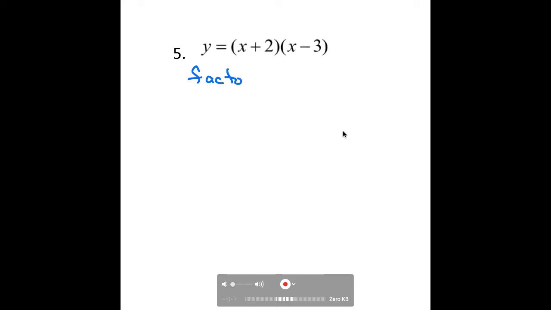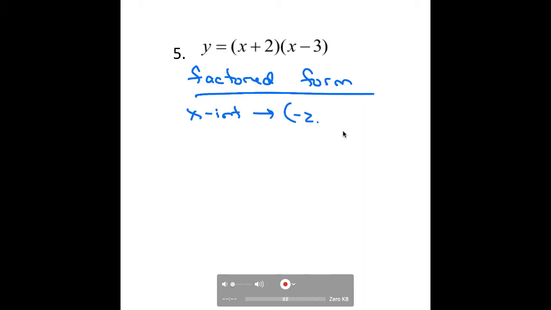Factored form. What was the first important thing you got from factored form then? X-intercepts, which would be... I was looking at this one, not -3, +3, because it's the opposite whenever it's in parentheses. Good.